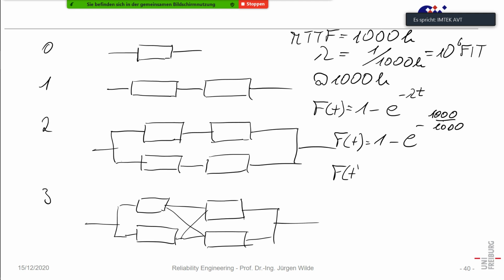F of t is 1 minus, what is e? That is 2.7. And what is that? That is 1 minus 0.36 or so, yeah? So 1 divided by 3 is 0.33. Okay, 10% more, 0.36.